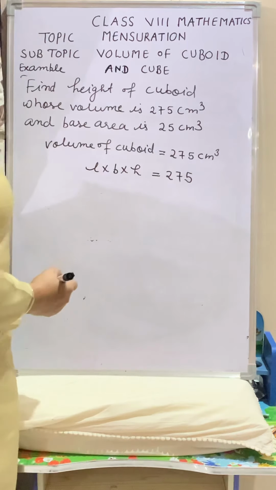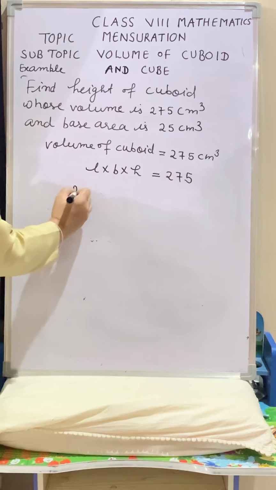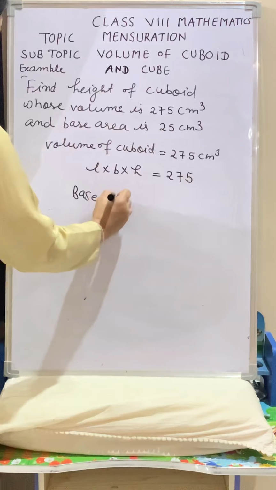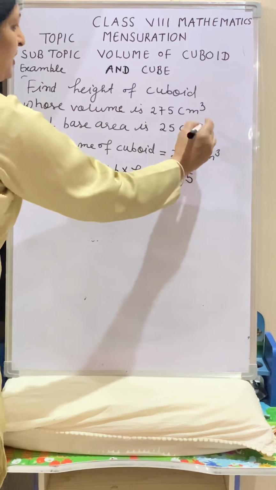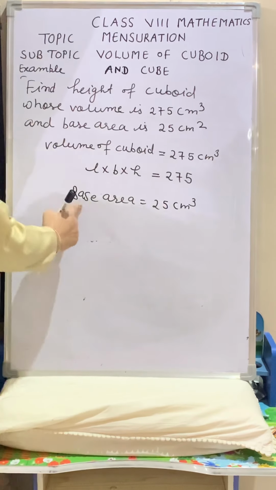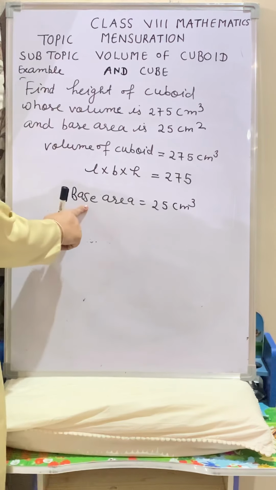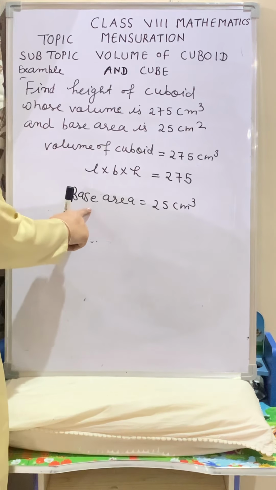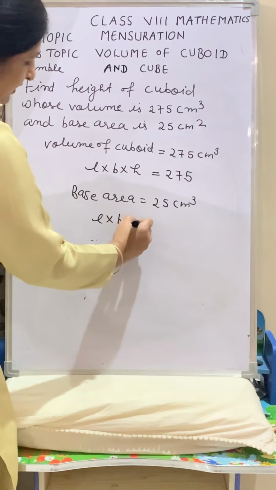Make one equation. Now second, base area is 25 centimeter square. What is the base area? The base of a cuboid is a rectangle, and what is the area of a rectangle? L multiplied by B. It is 25.